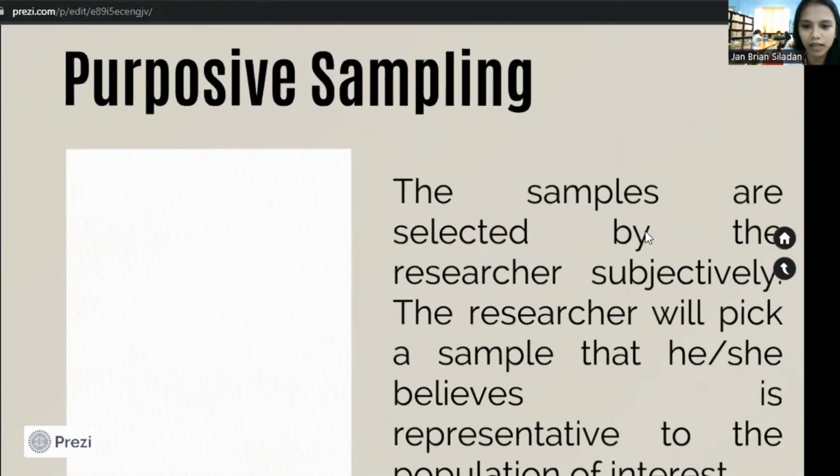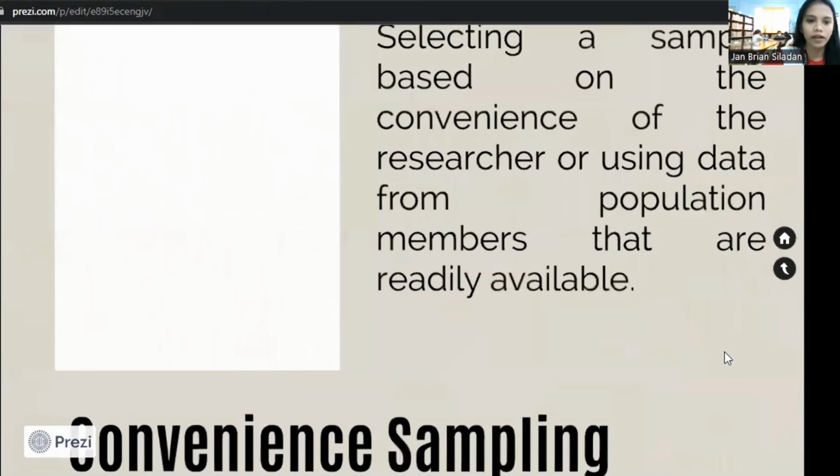The samples are selected by the researcher subjectively, and the researcher will pick the samples he believes are representative of the population of interest. The third is the convenience sampling. Selecting samples based on the convenience of the researcher or using population members that are readily available.